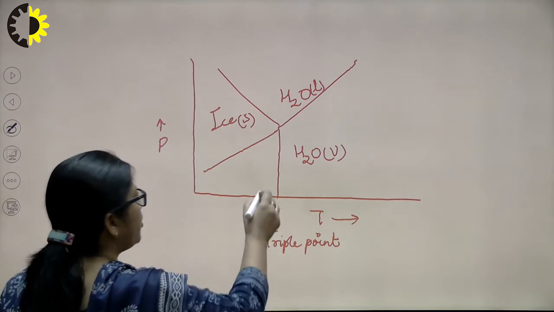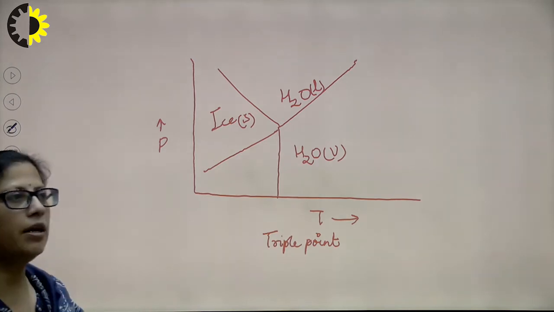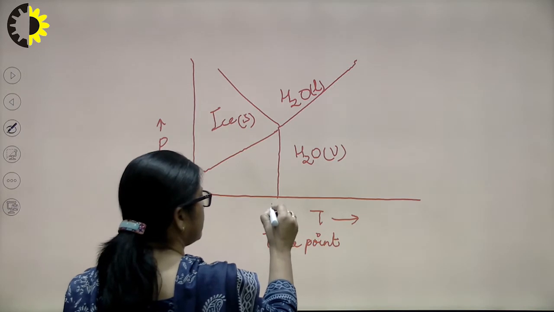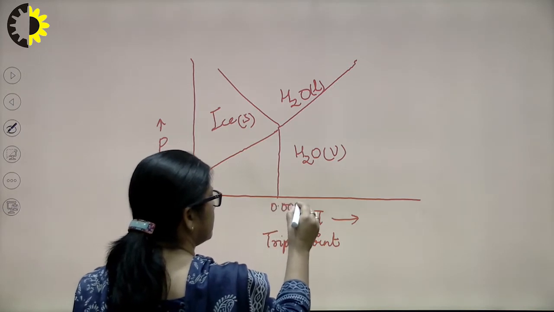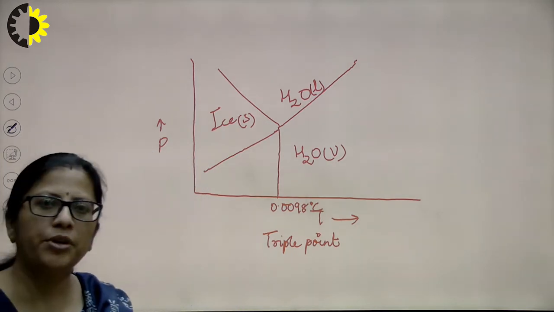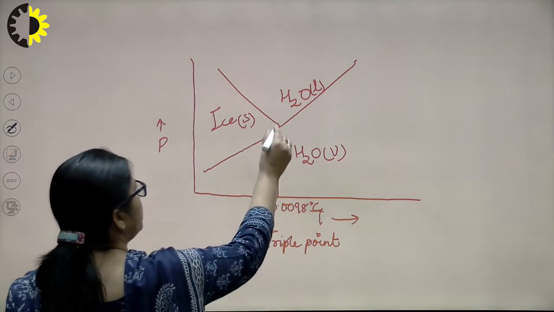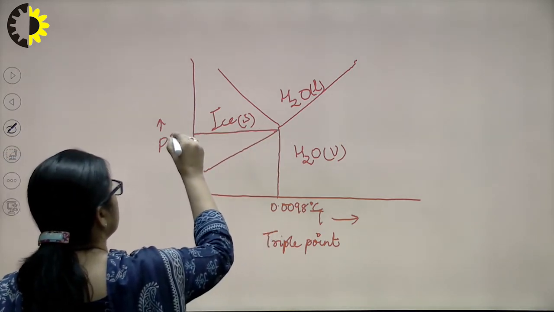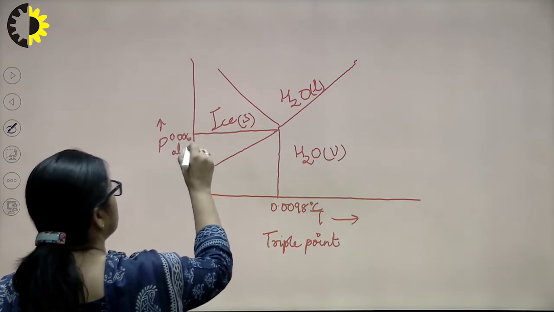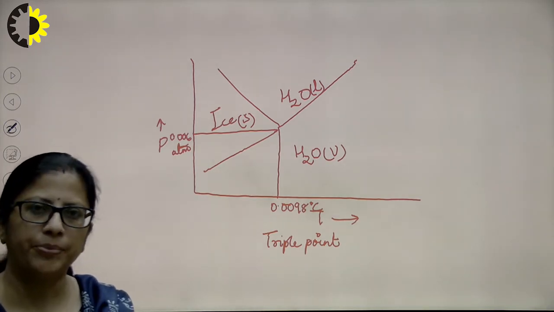At the triple point, you can see the three phases only at a particular temperature and pressure. The temperature is near about 0 degrees, that is 0.0098 degrees centigrade, and the pressure corresponding to the triple point is 0.006 atmospheric pressure.